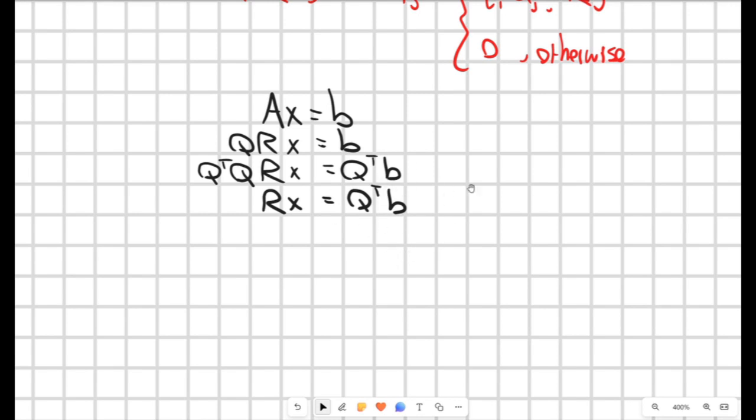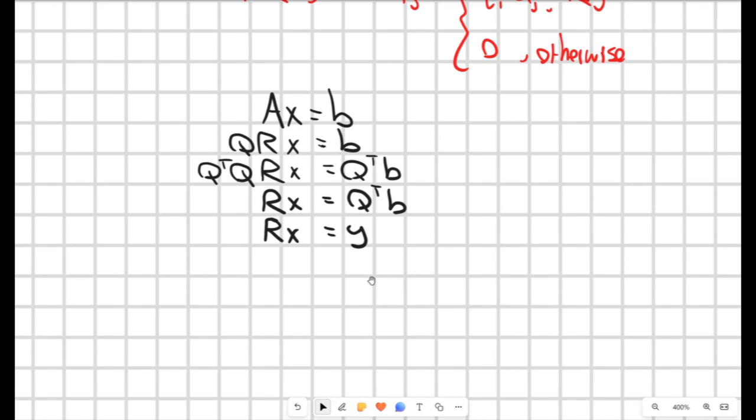So that's just going to be some other n by 1 vector. So I'm just going to write that as y, just to keep the notation simple. So what we end up with is R times x is equal to y, where we want to find x. R is known and is upper triangular, and y is known as well because we know Q and we know b.